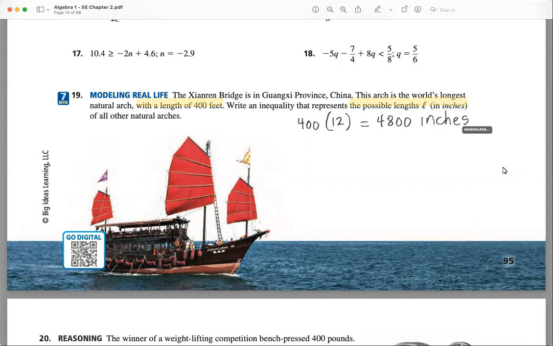Okay, so that's the first thing I have to do. And then if the arch is the world's longest, then that means that everybody else must be less than the 4,800 inches, right? Because they're telling you that's the longest.